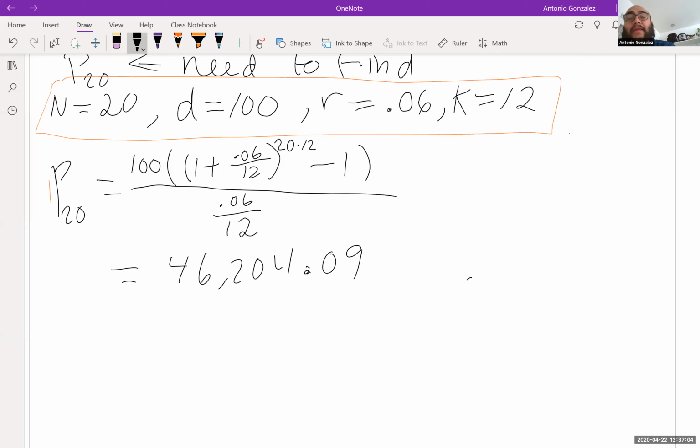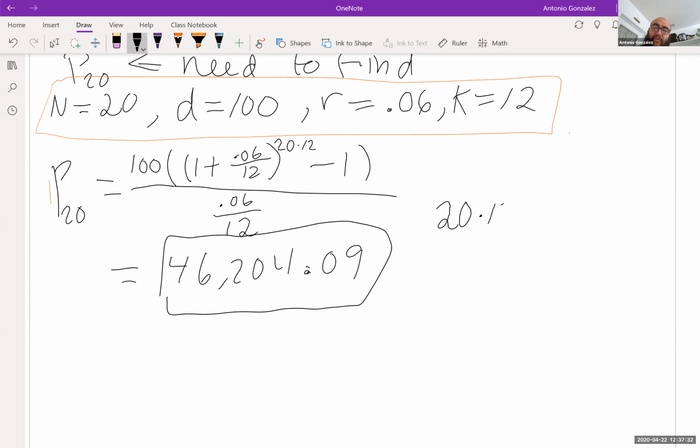Now notice, by doing this, and again, this is over the course of 20 years. If you just took $100 and put it away, let's say somewhere under your bed in a shoebox or wherever, just to get an idea of how much more you would make by saving it in some kind of account that's earning interest. If we just stashed it away somewhere, 20 years at 12 months per year times $100 each month, we get $24,000.